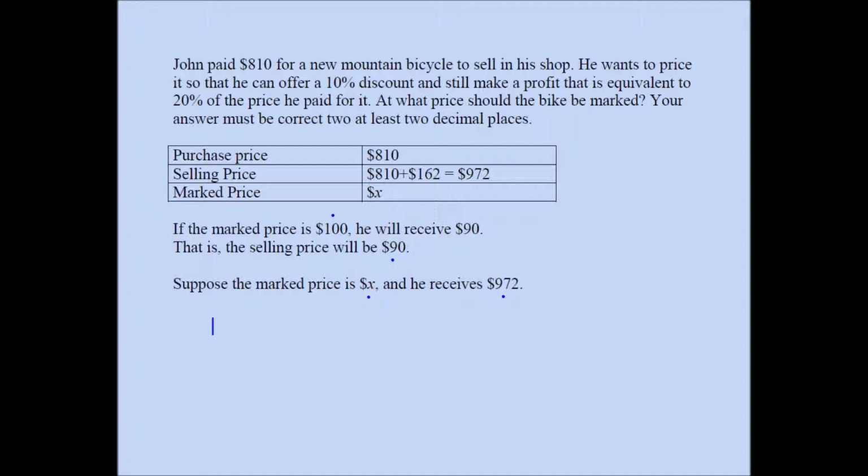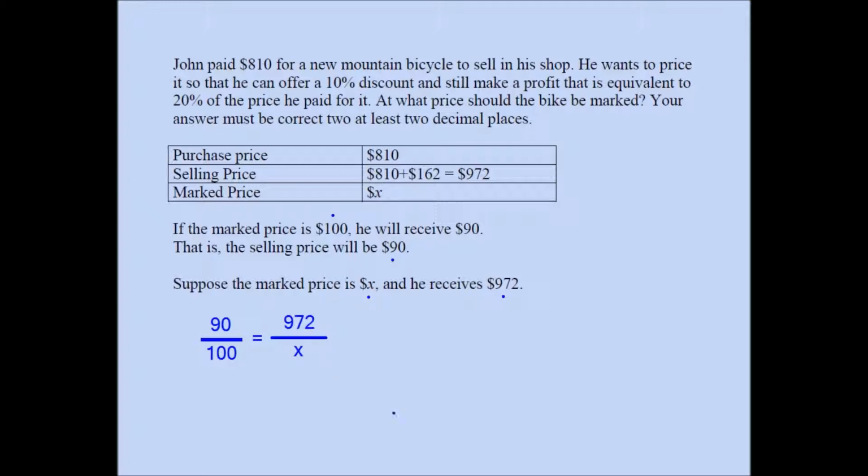I can say $90, the selling price, over $100, the mark price, must equal $972 over X. You really want to get that. That's the heart and soul of this problem.